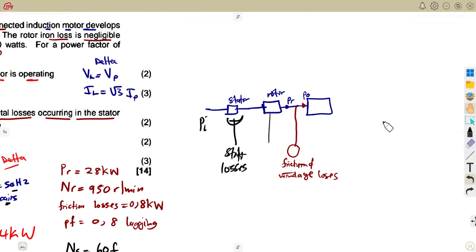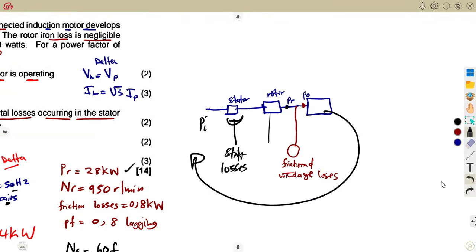Then we have the power from the rotor, which is our PR. So we are starting from PR here. We need to get to the input. As you move from these output values going back to the input, you are going to add the losses.